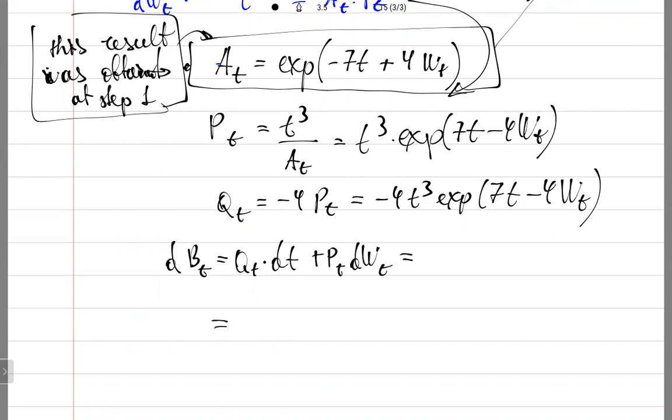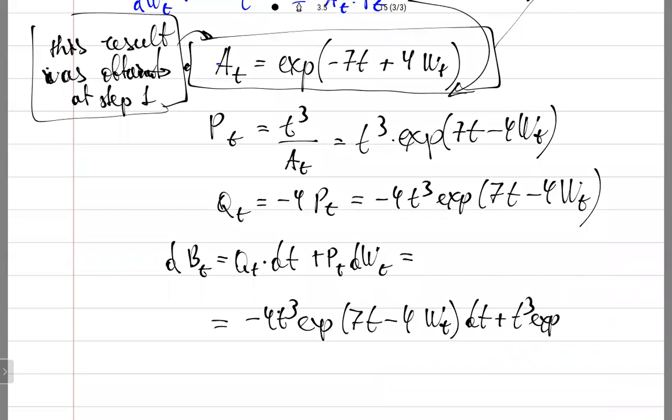So it is minus 4t cube exponent of 7t minus 4Wt dt plus t cube exponent of 7t minus 4Wt dWt. Okay, dBt.